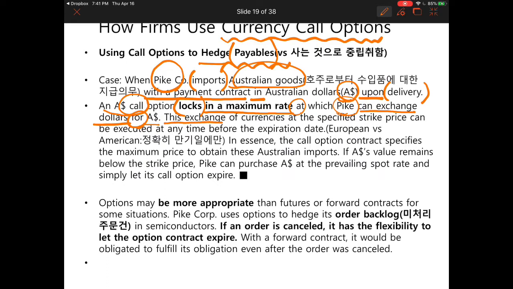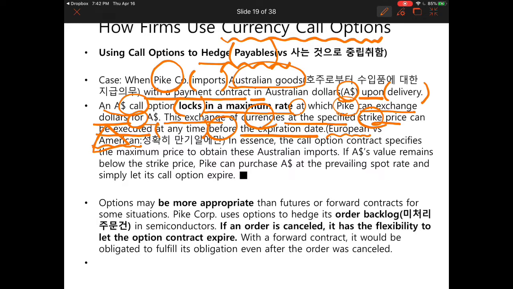This exchange of currency, here the Australian dollar, at the specified exercise strike price can be executed any time whenever I want, as long as it is before the expiration date. Actually, this fits an American type option, but not a European option. So here we assume this option is American style.